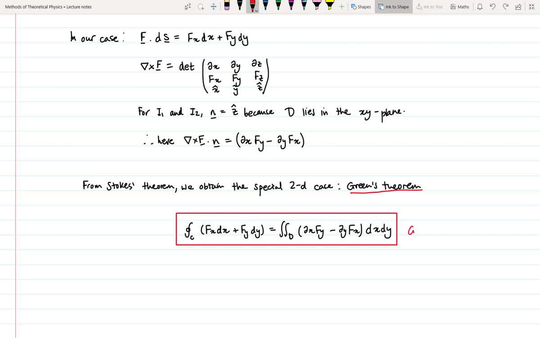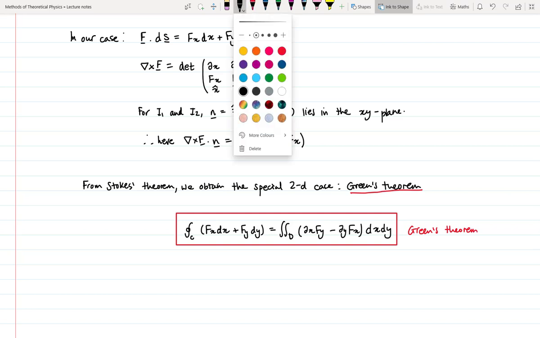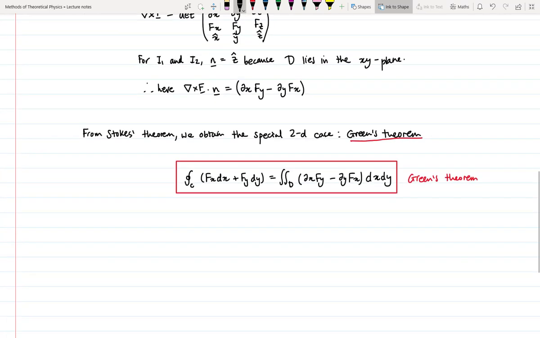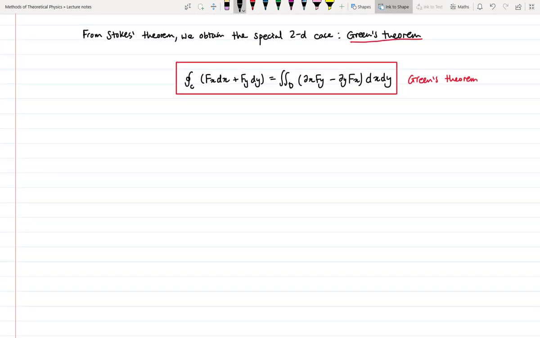This is Green's theorem. What this does is it allows us to turn line integrals into surface integrals. We can apply this result to the line integrals that we're interested in in order to prove Cauchy's theorem.